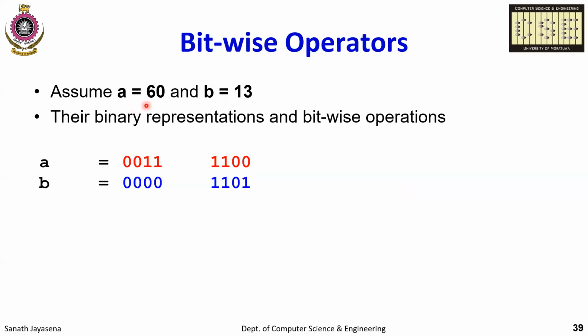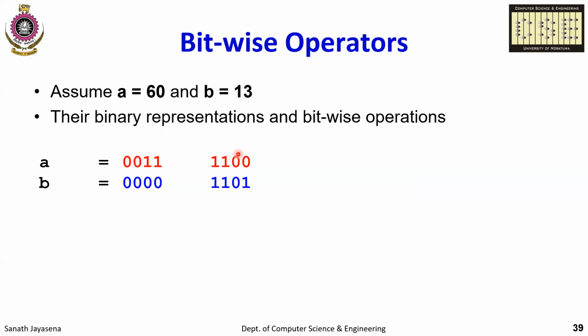Either way, it's fine. And there are binary representations and some bitwise operations. Let's discuss. Converting a decimal number like this into binary or vice versa will be discussed later in lecture number 7, the data representation.